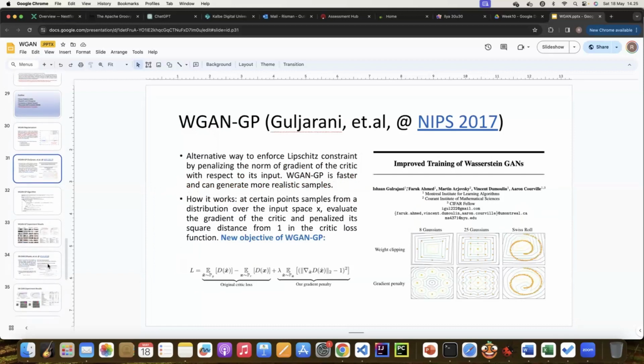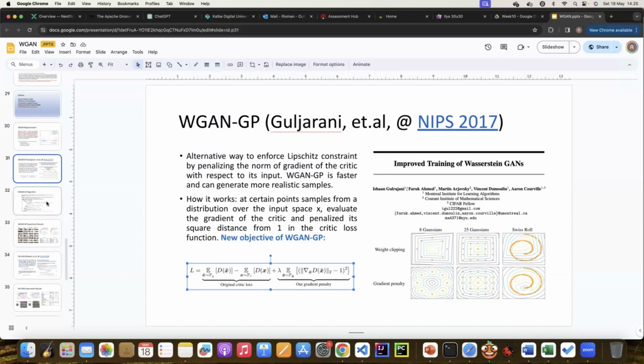WGAN with gradient penalty from Gulrajani improves WGAN by adding a gradient penalty in the objective function. If you can see here, the objective function is very simple: just minus the expectation value of the output of the discriminator or critic with the real data.